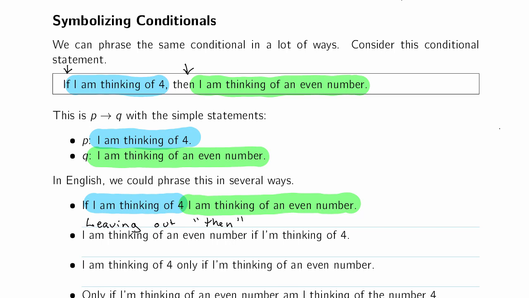We could also say, I'm thinking of an even number if I'm thinking of 4. That means the same thing. That still means if P, then Q, even though I said Q first. In other words, even though I said it second, if still introduces the if part.